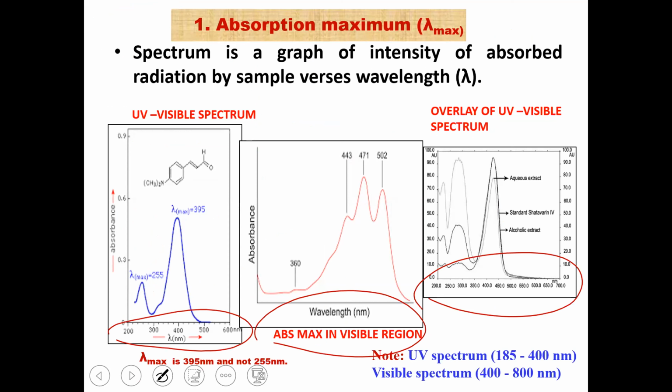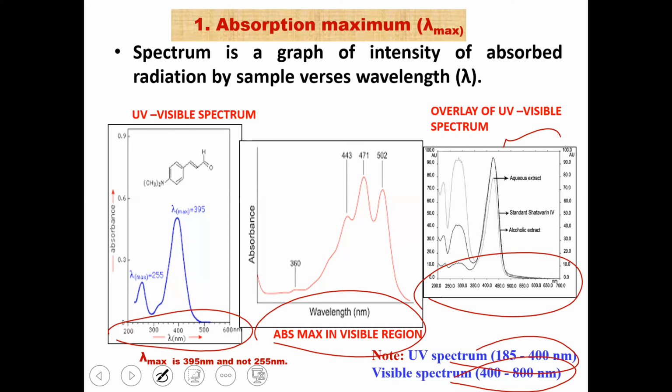So how do you identify it? If it is UV, it falls within the range of 200 to 400, and if it is visible, it falls in the range of 400 to 800, and UV visible means it is like the third picture. You can see this is a UV visible spectrum, where your range is from 200 to 700.